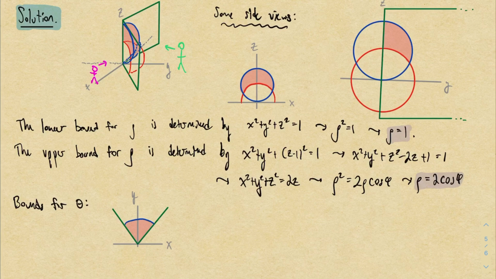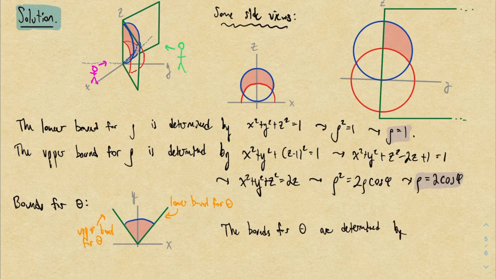I would see a picture like this. Now we want to think about sending theta counterclockwise starting from the positive x-axis. And by doing that, I can identify that both the lower bound and upper bound for theta are determined by the green planes. So, don't fix what isn't broken. We'll take that algebraic equation and turn it into spherical coordinates.